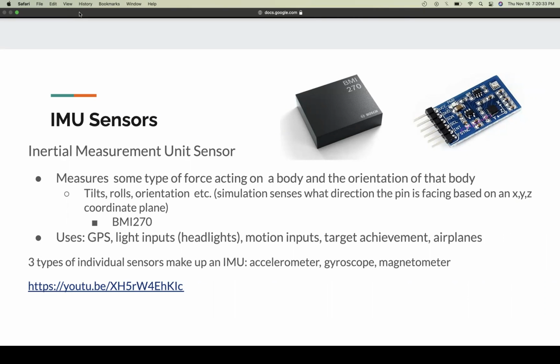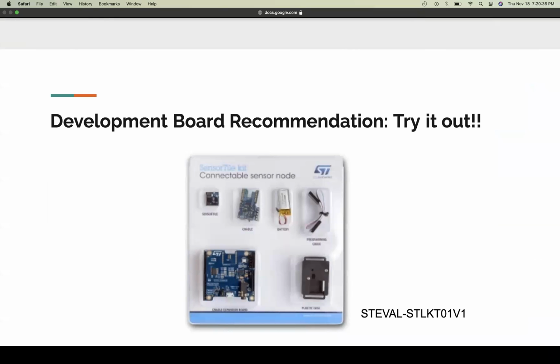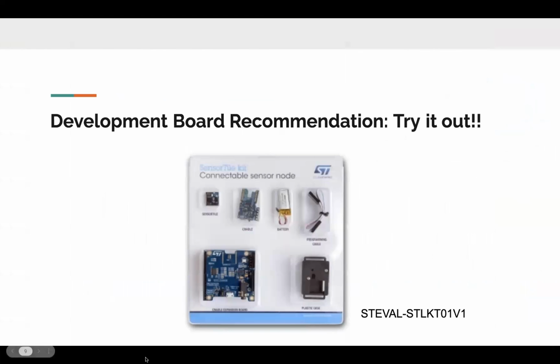Yes. Awesome. Okay, so I also wanted to recommend a development board if you guys wanted to try it out. I tried this one out back in the beginning of September, and it was really cool. So it's basically a gesture sensor, and it also senses not just your movement around it, but also the temperature and if there's any heat or flame being applied around it.